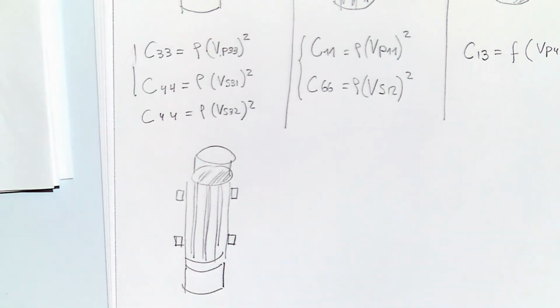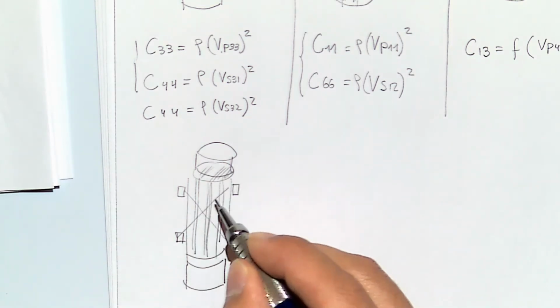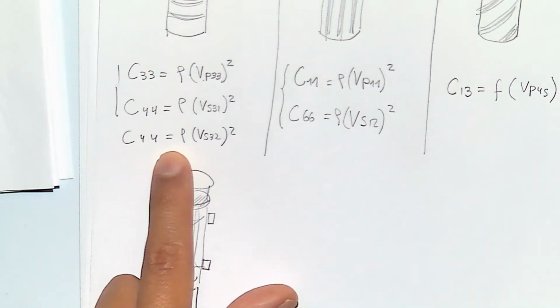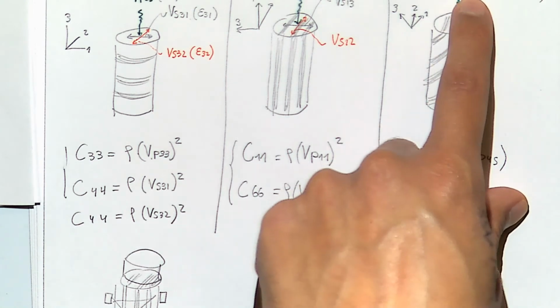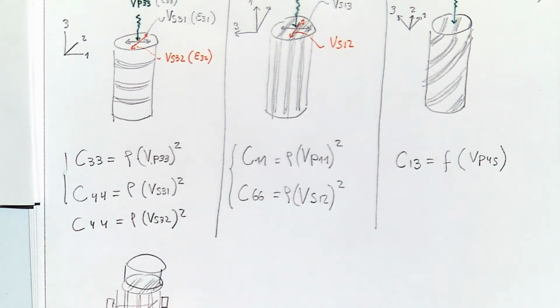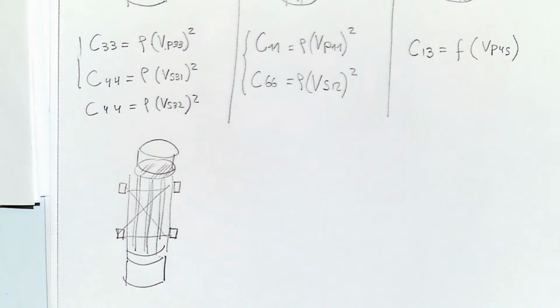So combining the transducers that go on the top and the ones that do ray paths that go at some angle, you can also retrieve some of these other coefficients that, if you just have piezoelectric transducers at top and bottom, you have to go to the 3 sample method. We're doing something of this now in my laboratory, using one sample and more sensors in order to tell you what the anisotropy of the rock is.